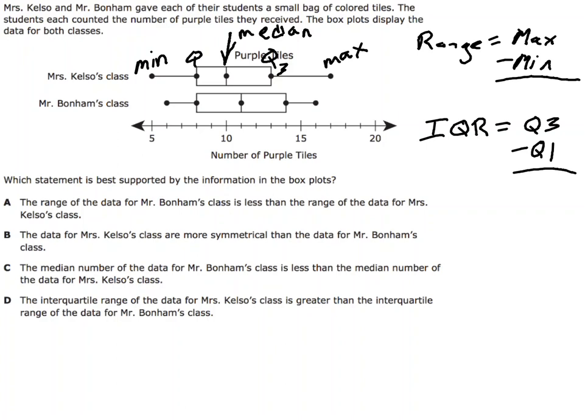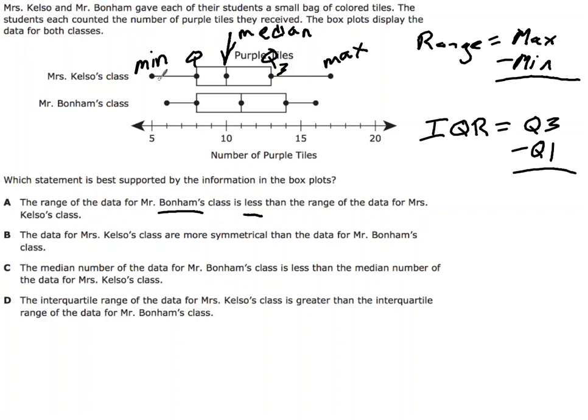So, which statement is best supported by the information in the box plots? That means we have to read each statement and compare against the box plot. The range of data for Mr. Bonham's class is less than the range of data for Mrs. Kelso.